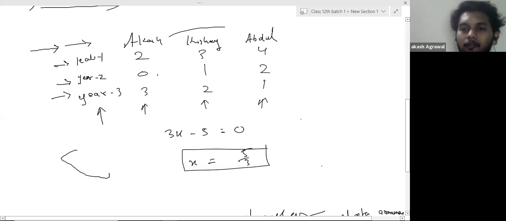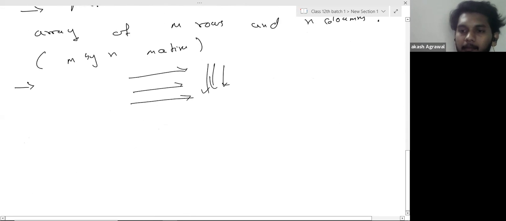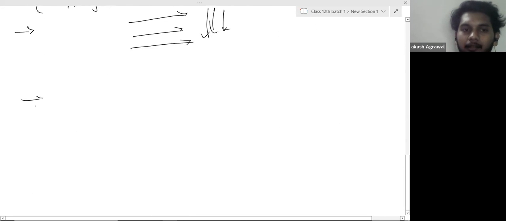So matrix consists of m rows and n columns. m and n can be anything, right? But not negative or zero. They must have at least one row or column, right? So if I write 2 by 3 matrix, what does this mean? The matrix has 2 rows and 3 columns, right?